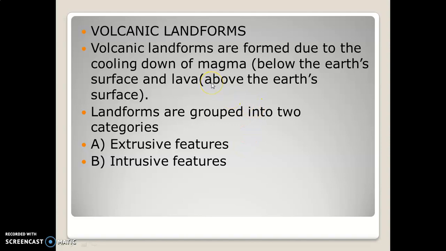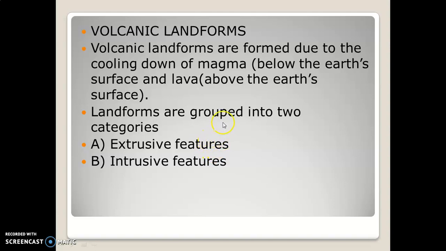But we can't say that every time magma is able to come out. Sometimes magma is not able to come out and gets solidified below the earth's surface, and intrusive features are formed, that is also known as intrusive volcanic landforms.